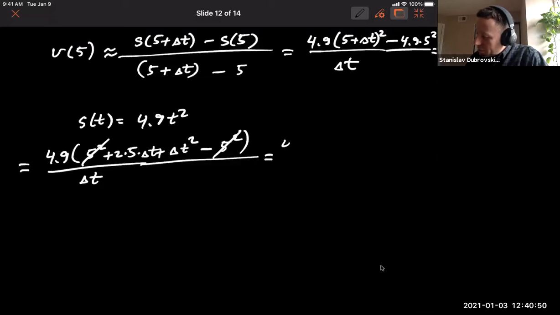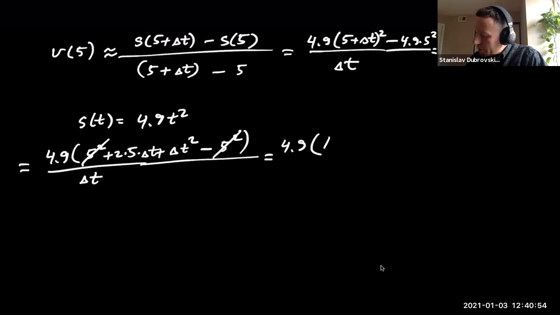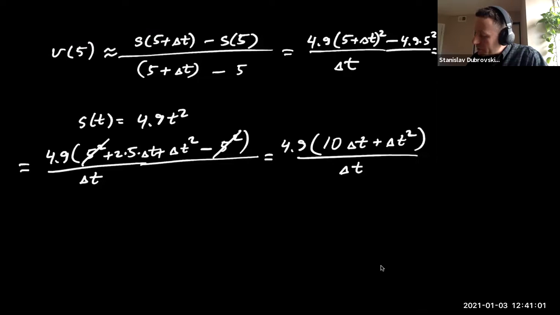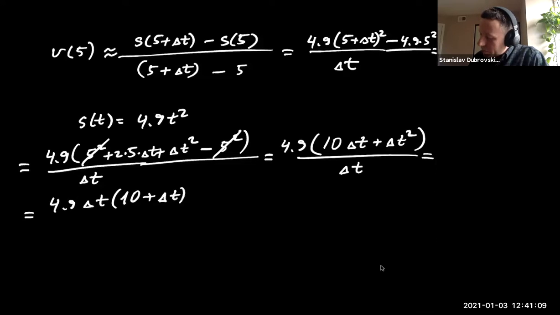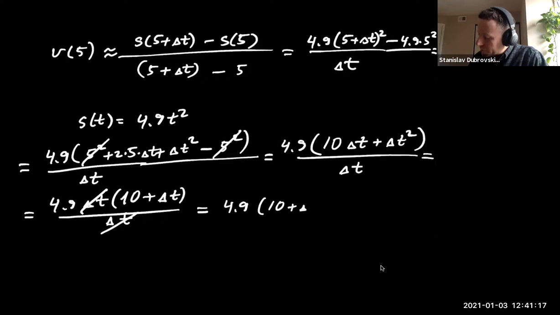So we will get 4.9 times 10 delta T plus delta T squared, divided by delta T. We can even take the delta T out from the top. We'll be left with 10 plus delta T divided by delta T. It will cancel. So we'll get 4.9 times 10 plus delta T.